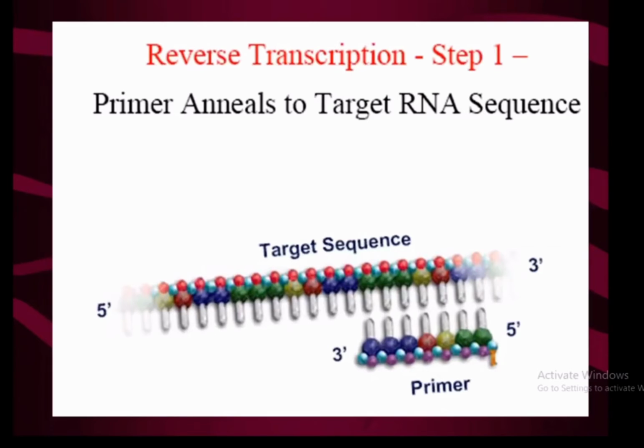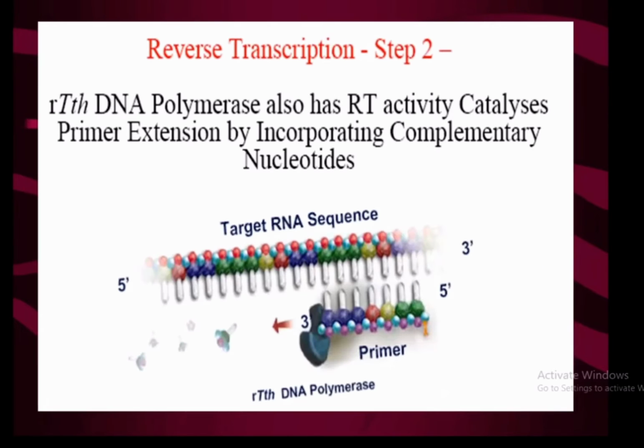In this, the primer anneals to the target RNA sequence. There is formation of a complementary strand of DNA by the activity of reverse transcriptase, or Taq polymerase enzyme, that is helping in adding the nucleotides to the template RNA sequence.